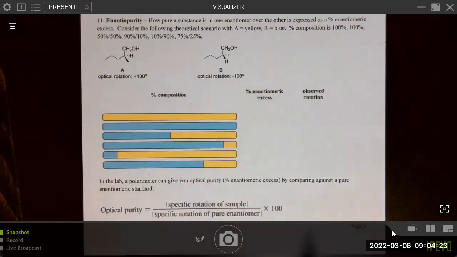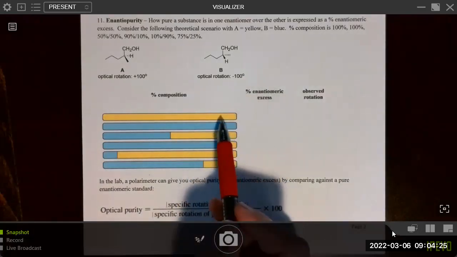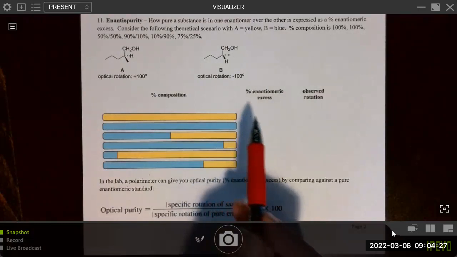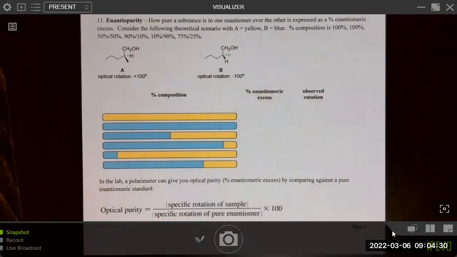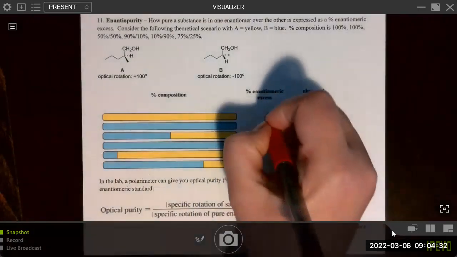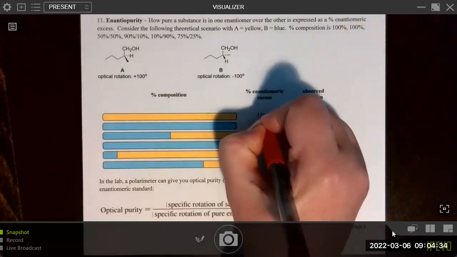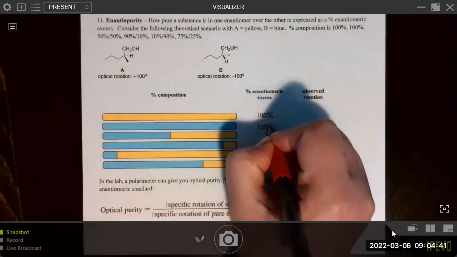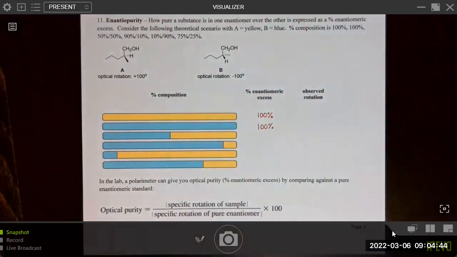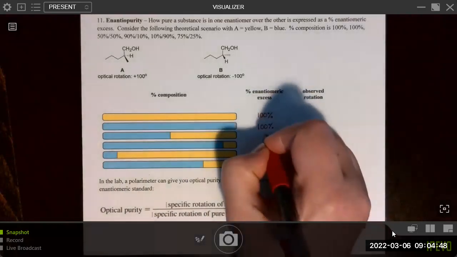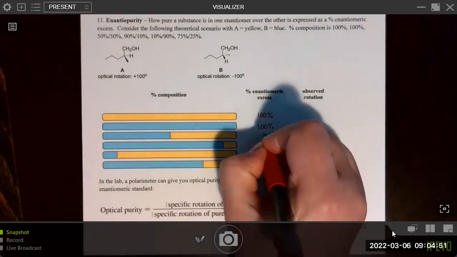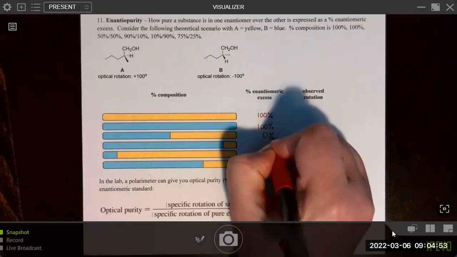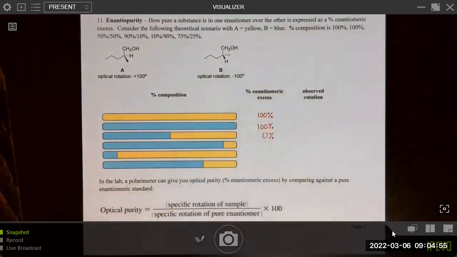Okay, so in terms of percent enantiomeric excess, we have 100 and 0. So we would have 100%. And then we also would have, in the second case, 100%, but the opposite enantiomer. This is 50-50, right? So the percent enantiomeric excess would actually be 0. 90-10.